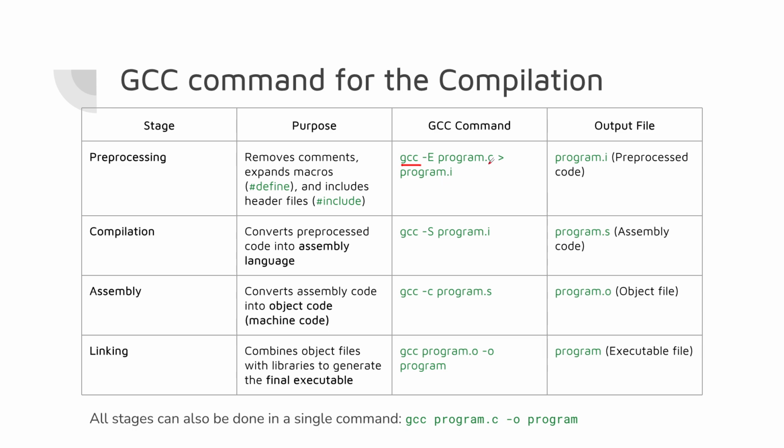Generally, if I enter this command, all the expansion will happen and the code will be displayed in the command prompt. But I want to save the code into one particular file, hence I have given the redirect symbol and program.i. So after preprocessing, the code will be stored in program.i.